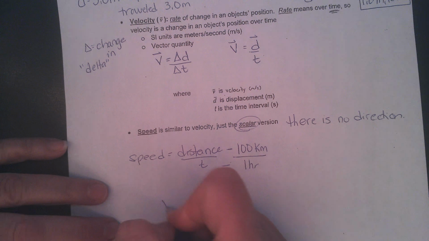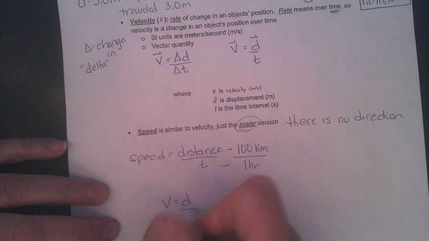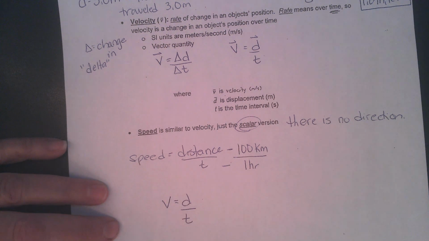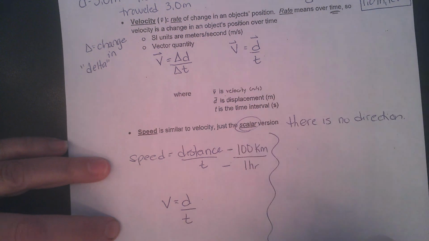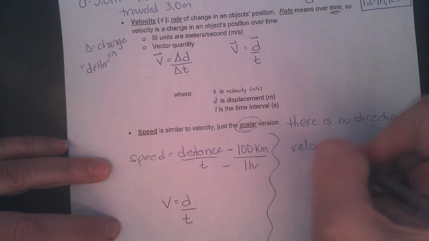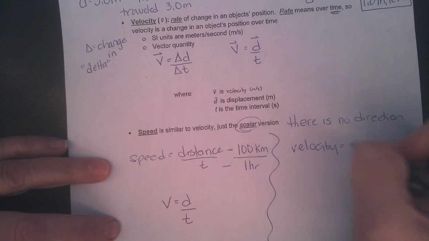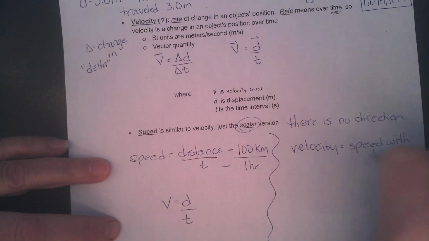It just says that we're doing constant motion. And we show that using the exact same letters. v is equal to d over t. So speed is scalar. Velocity is speed with direction.